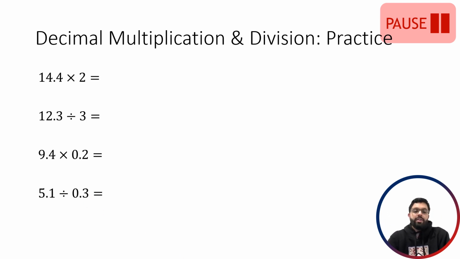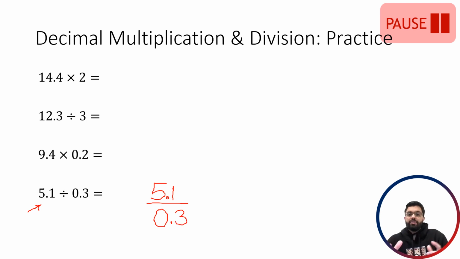So what you can do is you can think of this division problem right here like a fraction where you've got a 5.1 on top. Normally you won't see decimals in fractions, but you can think of it this way, and I'm going to show you why. So you've got 5.1 on top, you've got 0.3 on the bottom as your denominator.